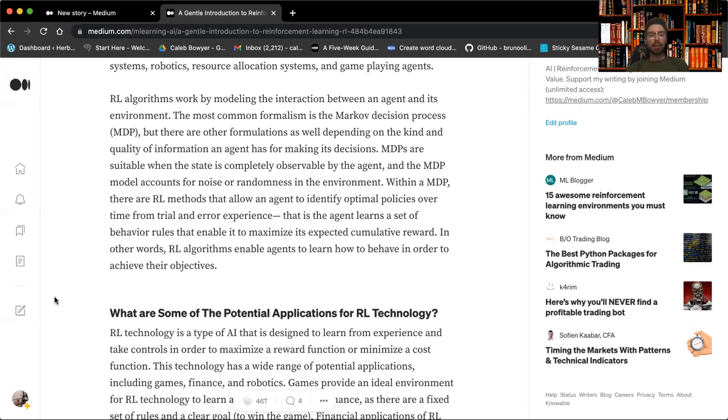Within an MDP, there are RL methods that allow an agent to identify optimal policies over time from trial and error experience. That is, the agent learns a set of behavior rules that enable it to maximize its expected cumulative reward. In other words, RL algorithms enable agents to learn how to behave in order to achieve their objectives.